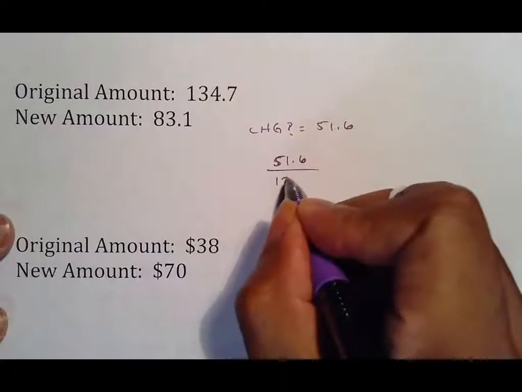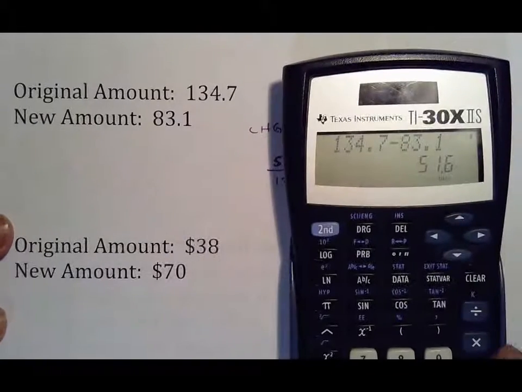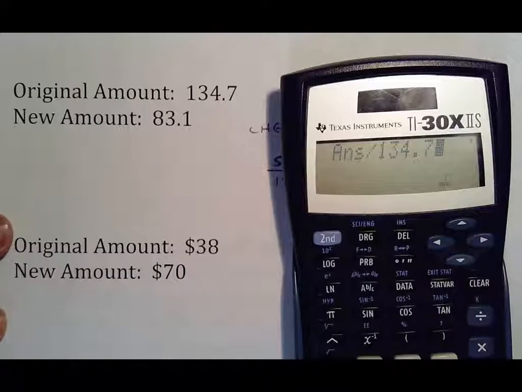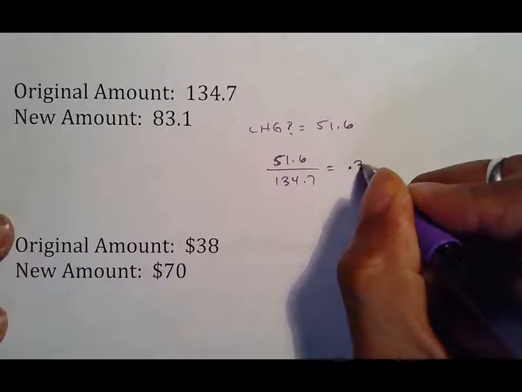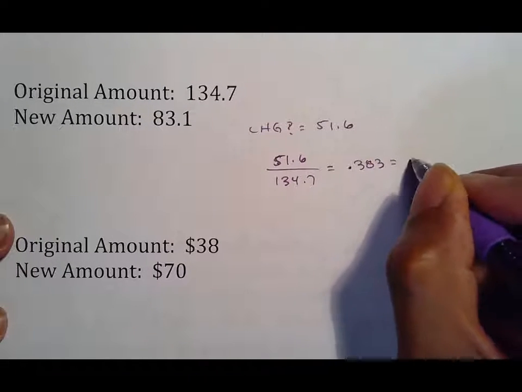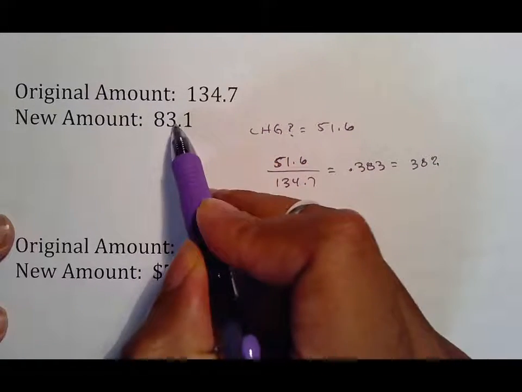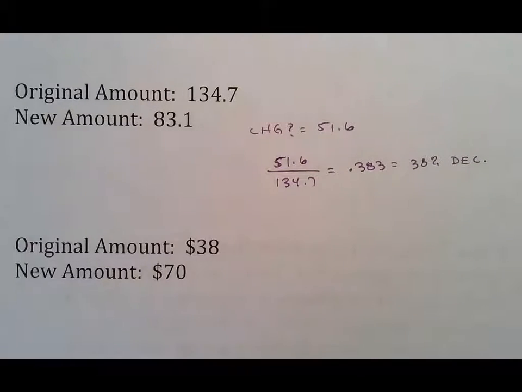It would divide by 134.7, which is 0.383. And because that 3 leaves it there, that would be 38%. If I started out here and went to 83, that would be a decrease. And again, that's all it takes.